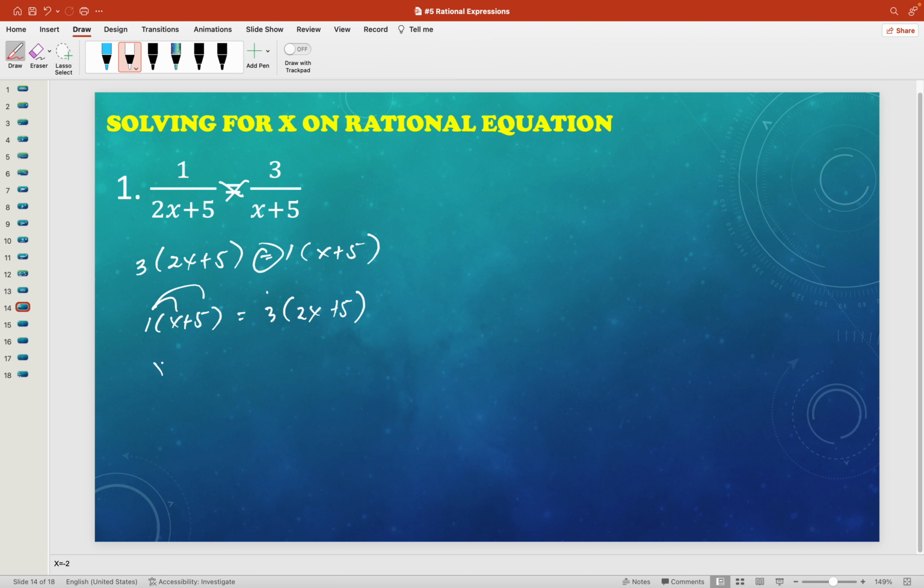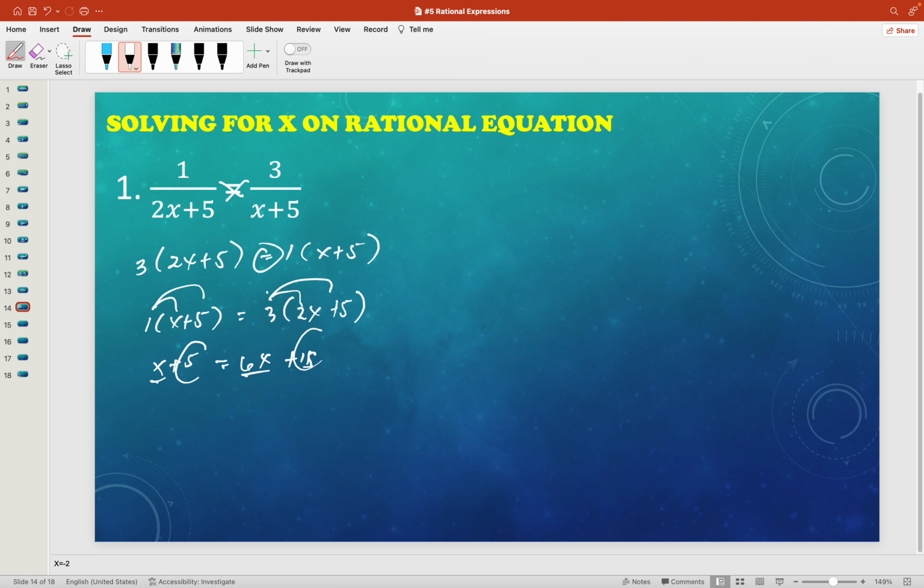So 1 times x is x, 1 times 5 is 5, is equal to 3 times 2x, we have 6x, then 3 times 5, we have 15. Now we combine the values of x, and then combine the integers.